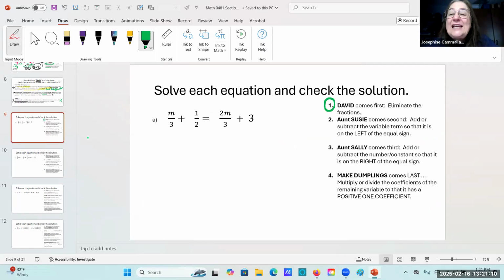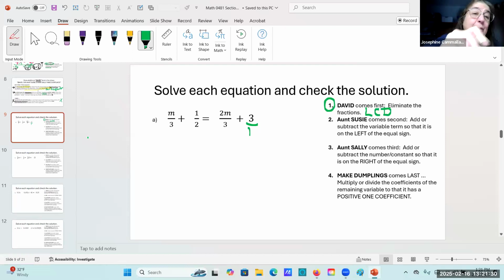This is David. We have no parentheses, but we have fractions. Okay. This little three-way at the end has a denominator of 1. Our LCD.